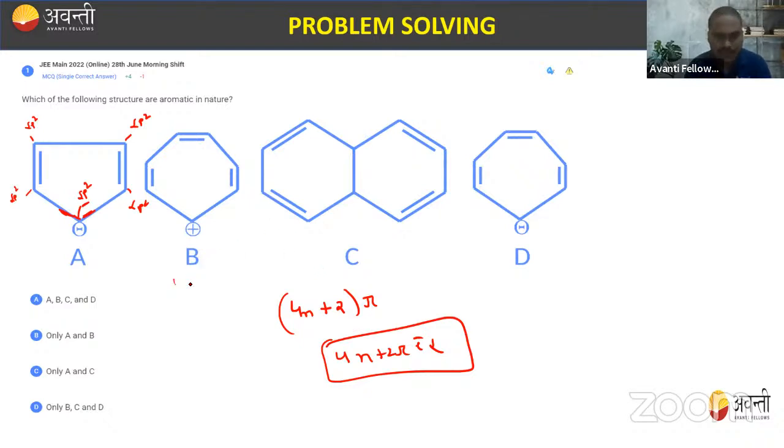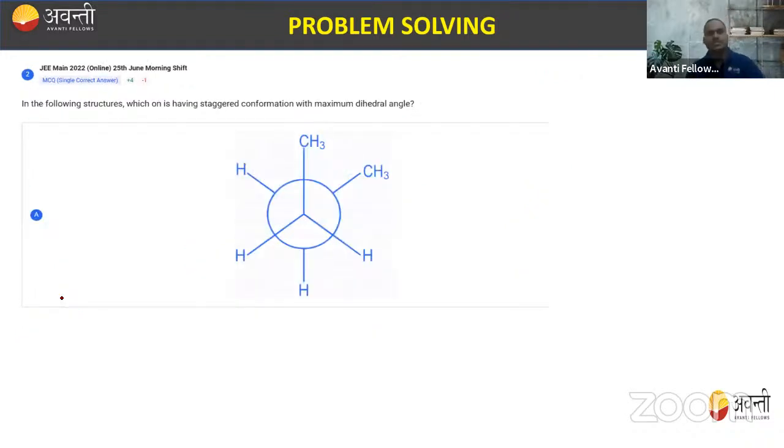So only these two compounds, that is A and B, are following this condition: they are cyclic planar and follow the 4n plus 2 pi electrons rule. So out of all these options, only A and B are following this.